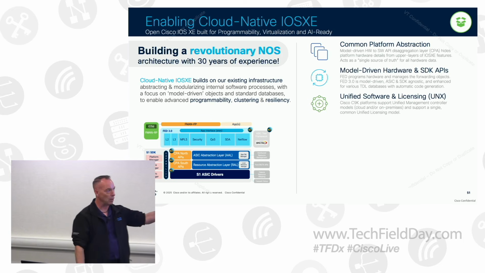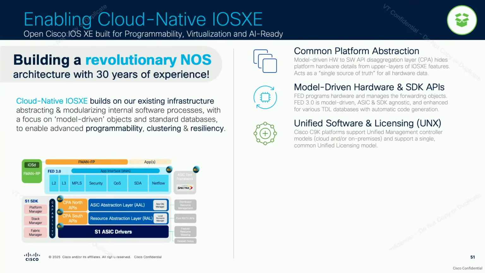One of the things all three of us have touched on is this unified management and unified software. It's the same IOSXE running on the Cisco C9000 smart switches, regardless of whether it's operating on the Meraki dashboard, in Catalyst Center, AI, CLI, or APIs. It's a single IOSXE image.